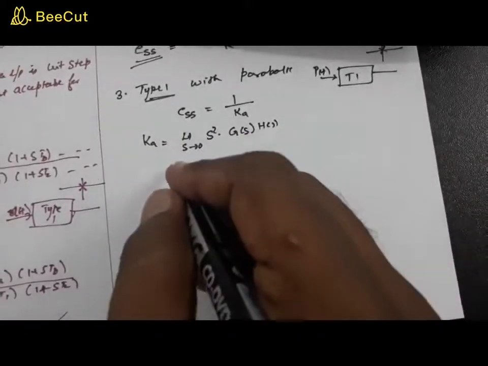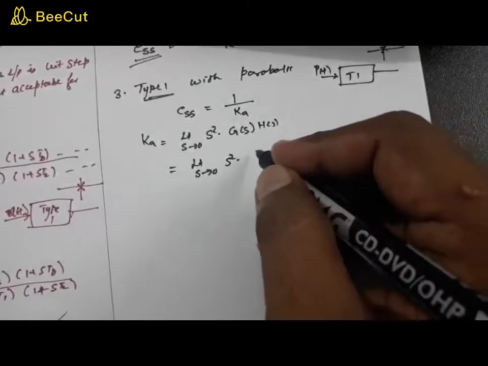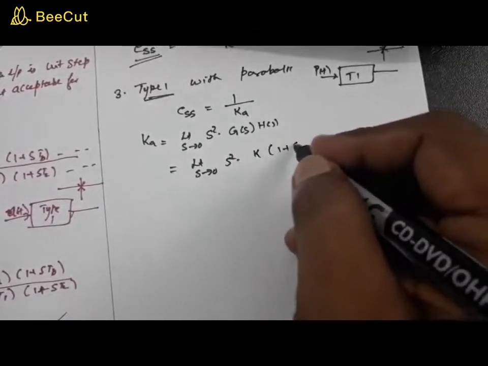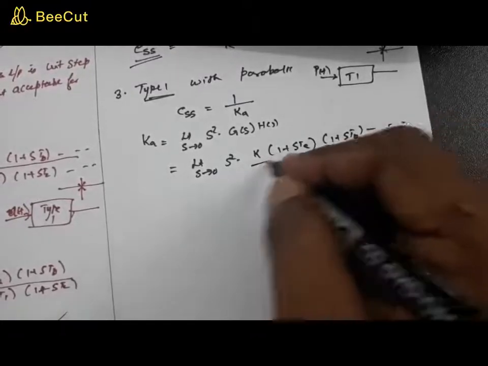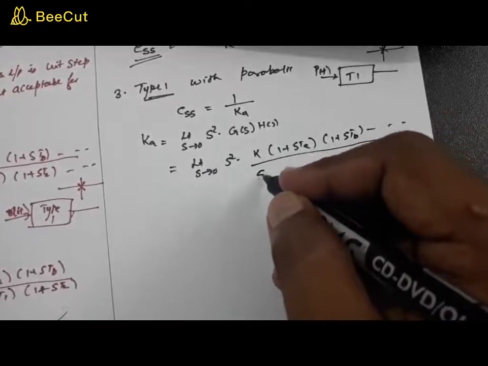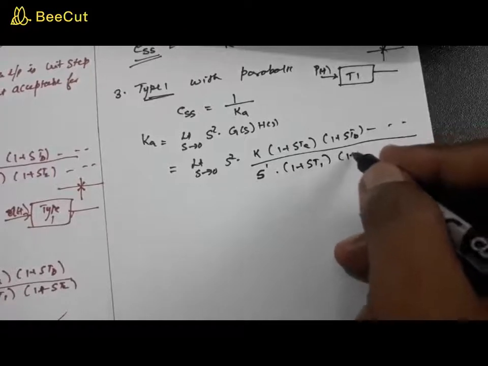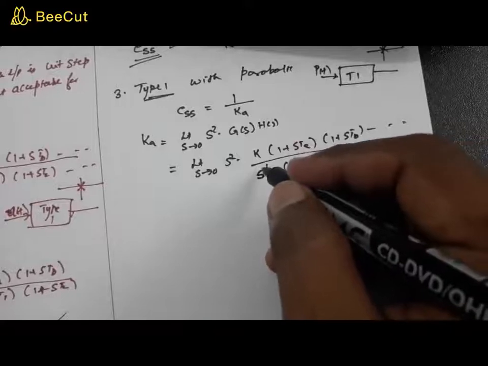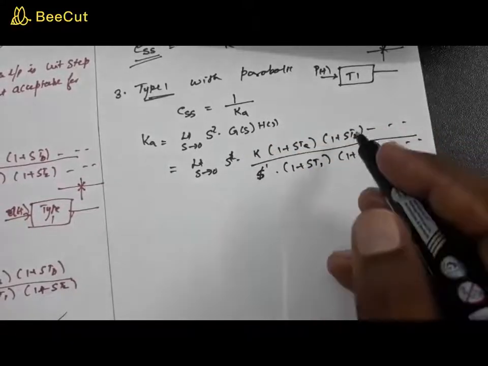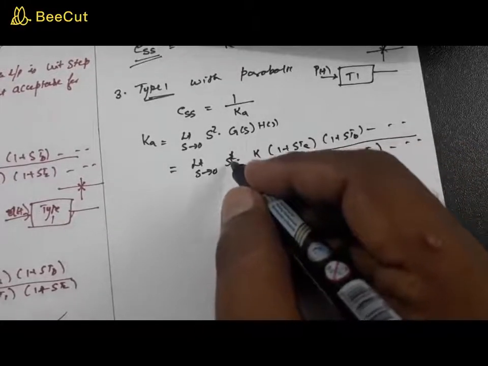So limit s tends to 0 of s square into K into (1 plus sTa) into (1 plus sTb), etc., divided by s raised to 1 into (1 plus sT1) into (1 plus sT2), etc. Now one s cancels, and you have one s left. Wherever s appears, you apply s equal to 0, so this becomes 0.